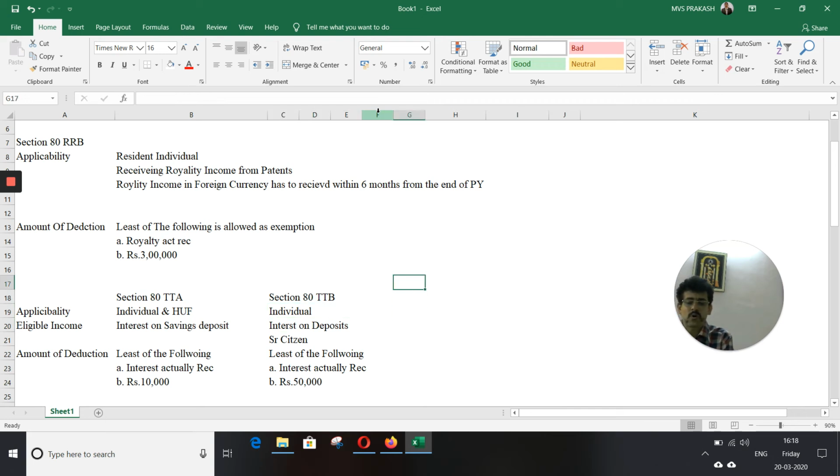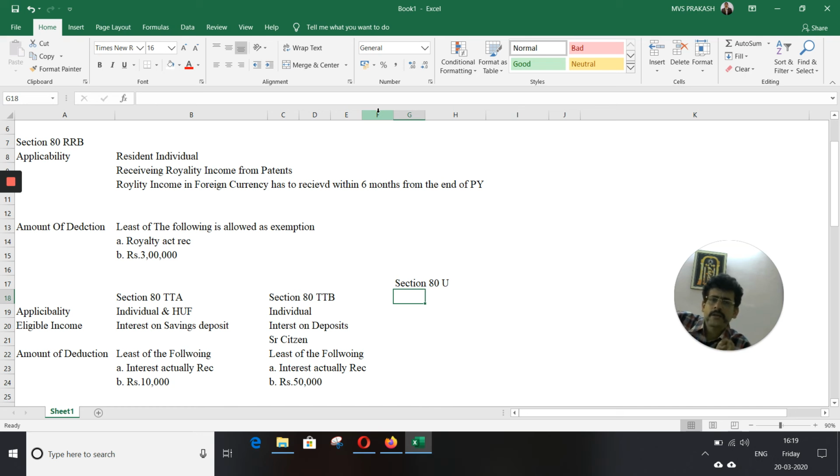Now let us move on to the last section, which is section 80U. So 80U is the last section which we are supposed to consider. There is no difference between 80DD and 80U, only one difference. 80DD is for medical treatment incurred for a dependent disabled person.